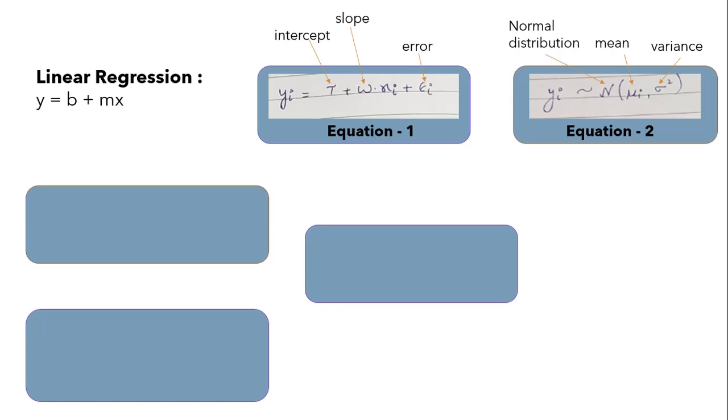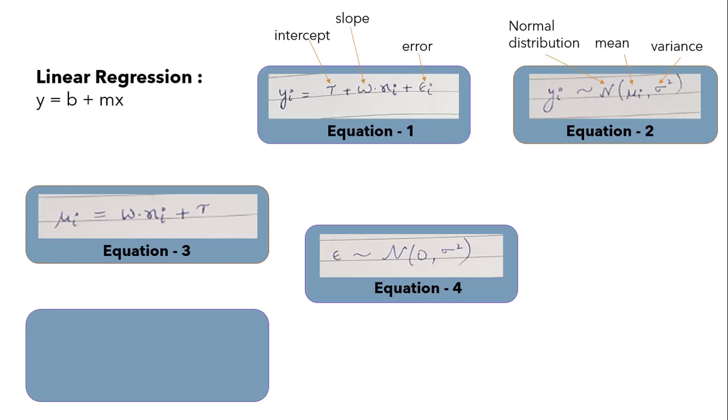However, according to the linear regression equation, we believe that wx plus tau is the most probable value for y. Therefore, we can define the mean as wx plus tau as shown on the screen. Even though the mean is the most probable value, yi can also include some error or noise, and accordingly, we model such error in the observations by adjusting the variance term to compensate for the deviations of yi from the mean.